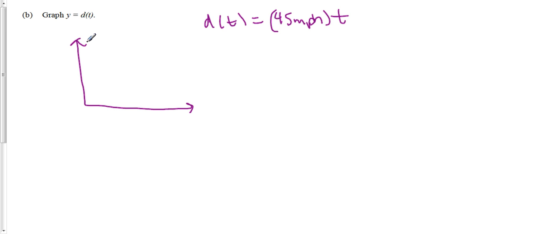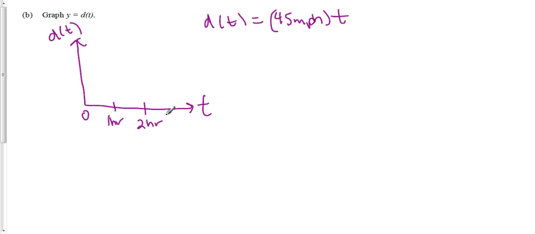And what's going to go on the horizontal axis? That's right, it's going to be our independent variable, which in this case is going to be time. And on the vertical axis is going to be our dependent variable, which is going to be d of t. I need to put some intervals on here. So of course I'm going to start at 0, and then I'm going to look to my table where my intervals were 1 hour and 2 hours.